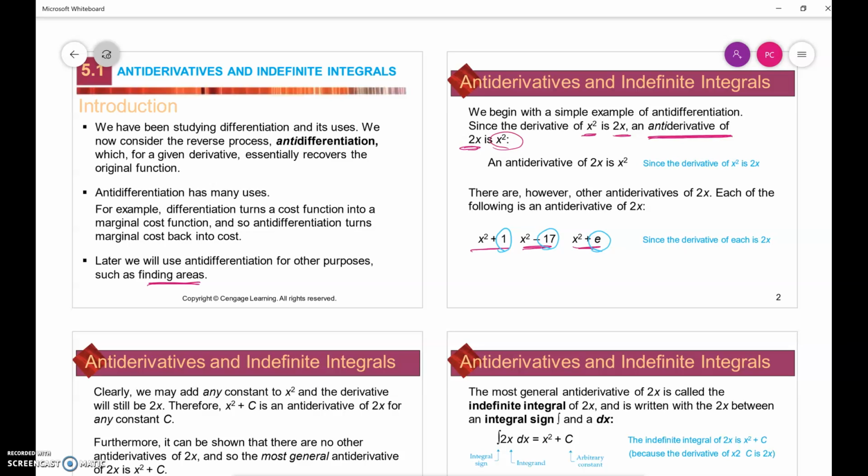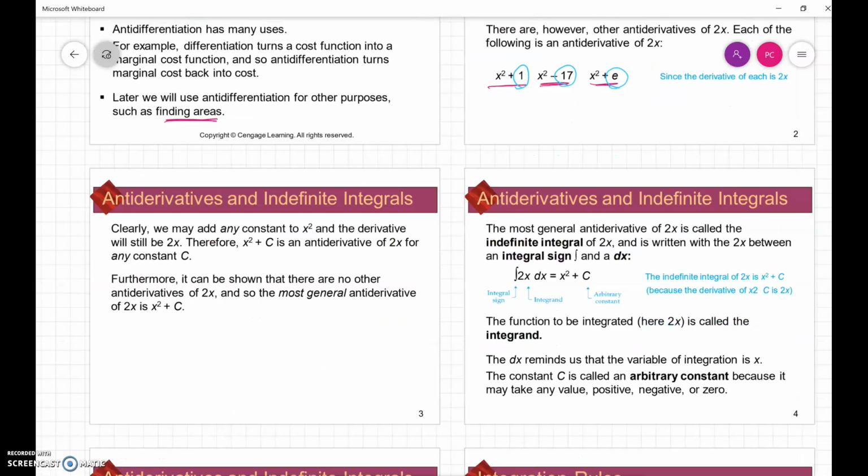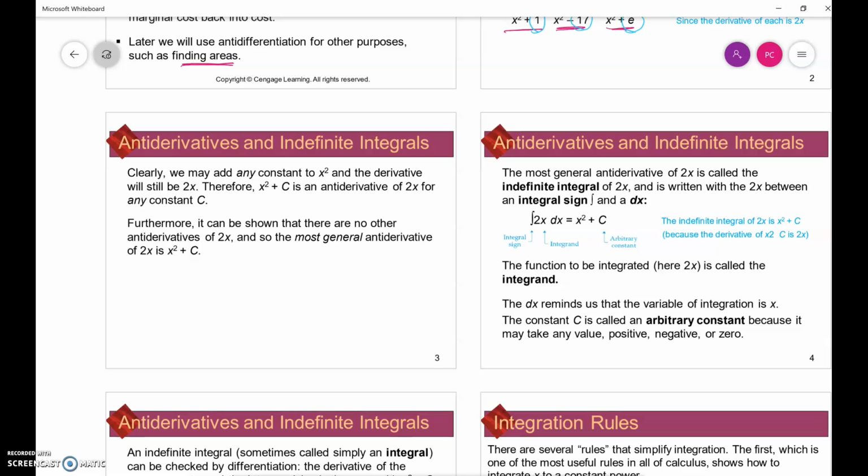So how do we deal with that in antiderivatives? Clearly, we may add any constant to x squared, and the derivative would still be 2x. Therefore, to deal with it, x squared plus c is now the antiderivative of 2x.